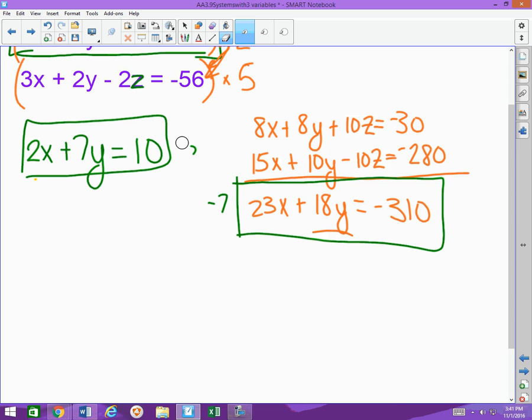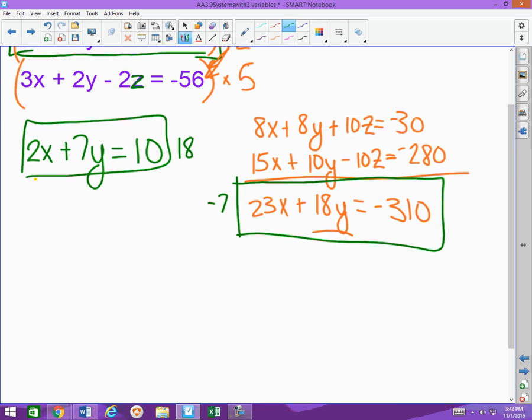Now, if we want to get rid of the y's or the x's, let's see, we would multiply this one by a -7 and this one by 18.